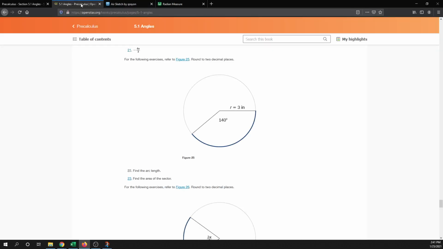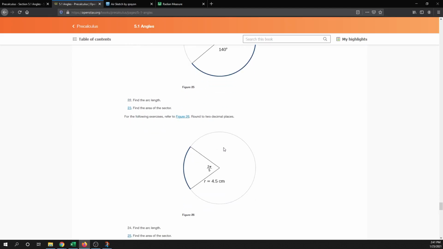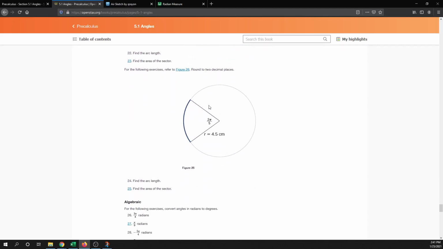All right, next up, let's take a look at number 24. 24 is very similar, right? It says find the arc length of this. And here you can see they give us the angle in radians, right? There's no degree sign here, so this is in radians. And so on this one, again, we're going to use the same formula, S equals R theta, and this one, we don't have to do any conversion, right?